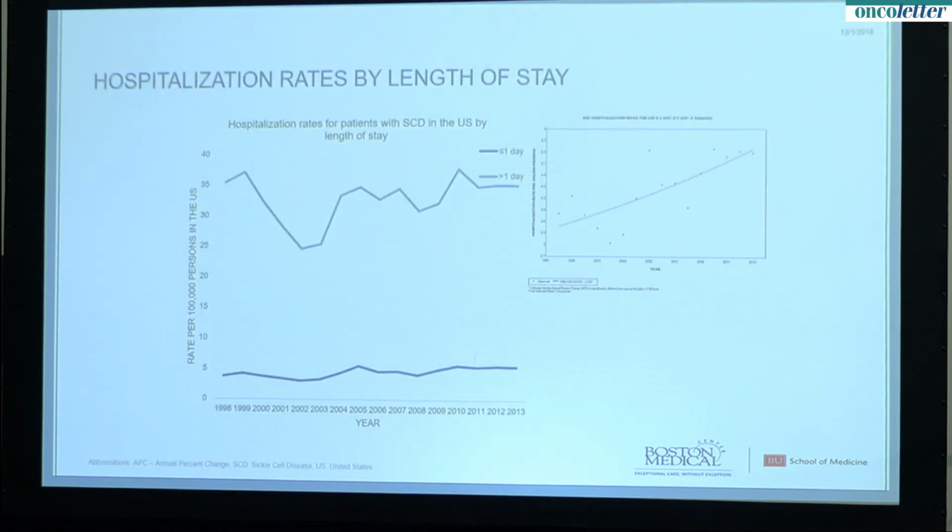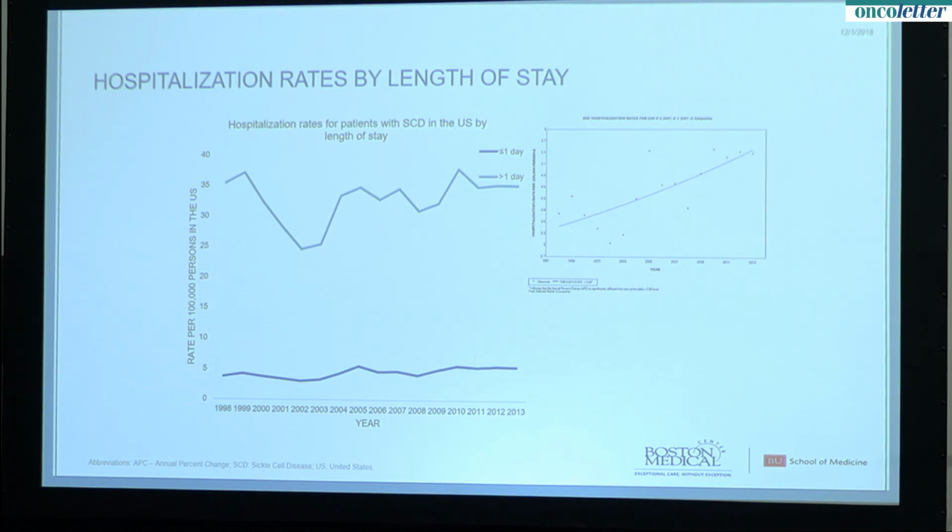And then when we looked at the rates of hospitalization by length of stay, we examined this to see if the rates of hospitalization for short stays might have, one way or the other, influenced the rates of hospitalization we saw in the overall population as well as the hospitalization by age groups.